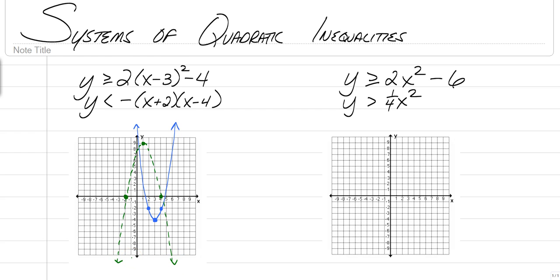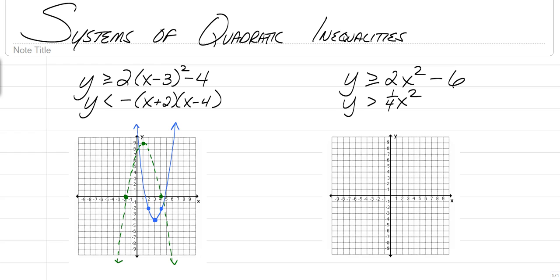Okay, so that's how you graph the individual parabolas. If it's greater than or equal to or less than or equal to, you want to use a solid line. And if it's less than or greater than, you want to use a dashed line for your actual parabola. So now we need to talk about shading.